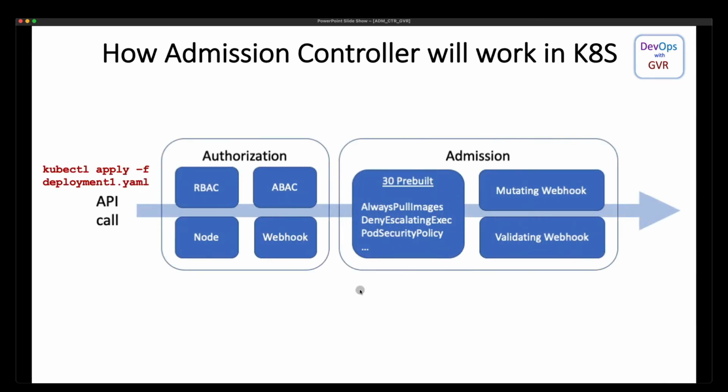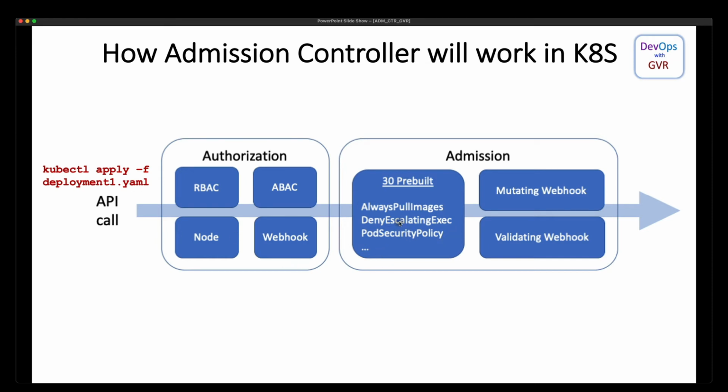So basically how it will work in Kubernetes. As we have seen so far, whenever you do kubectl apply -f deployment1.yaml, authentication and authorization will kick in: RBAC, node level, webhooks and everything with respect to authorization. Whereas there are pre-built custom controllers, which are admission controllers, which we have seen in the previous slides.